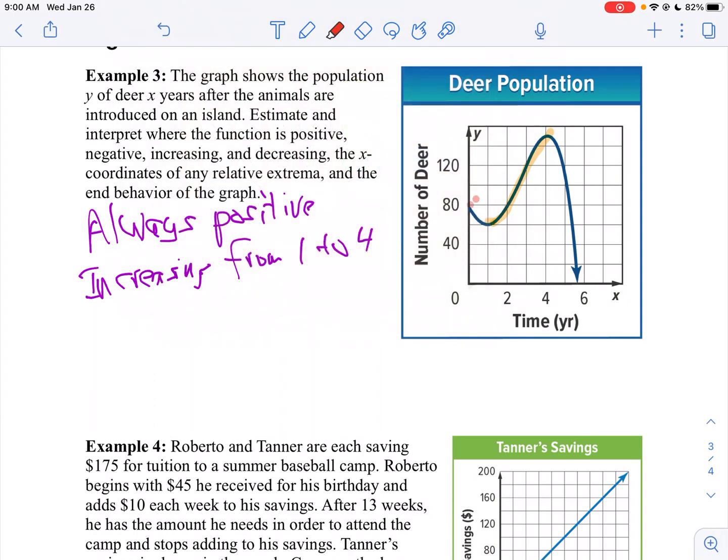It's decreasing from 0 to 1, and then from 4 to about 6. Not quite 6, is it? 5 and something. So I'm going to say it's decreasing from 0 to 1 and beyond 4.